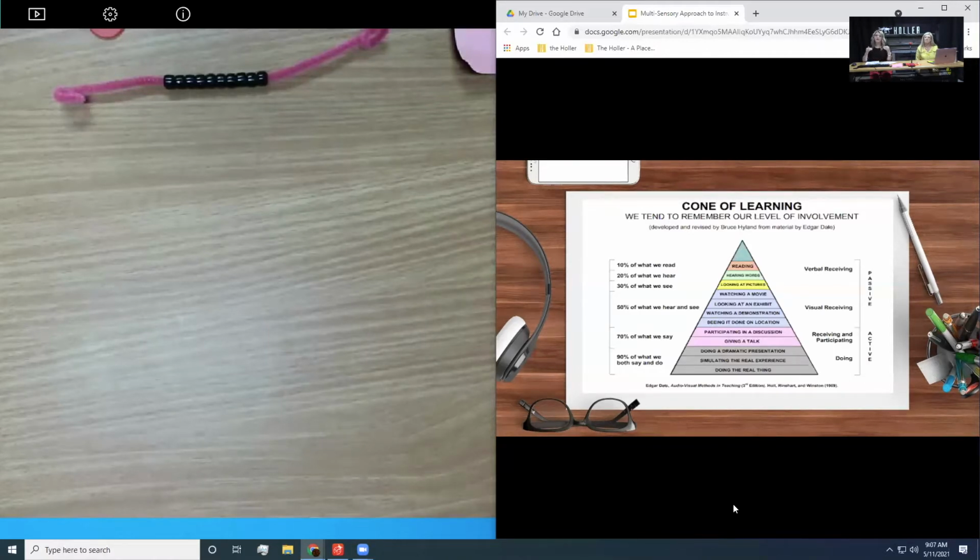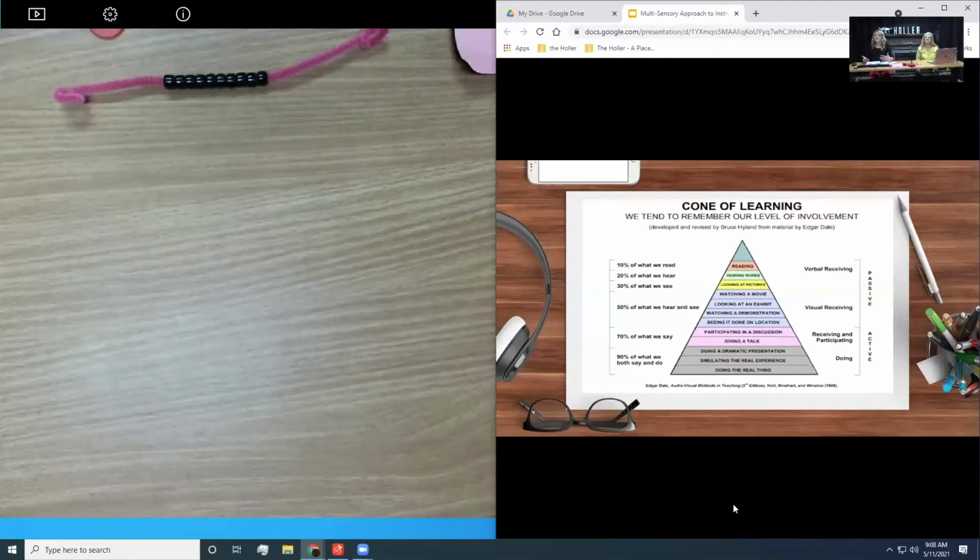As you progress down the pyramid, you remember 20% of what you hear and read. Then as you go down, you get to 50% if you do both. And if you say it, it goes up to 70%. That's like participating in a discussion.